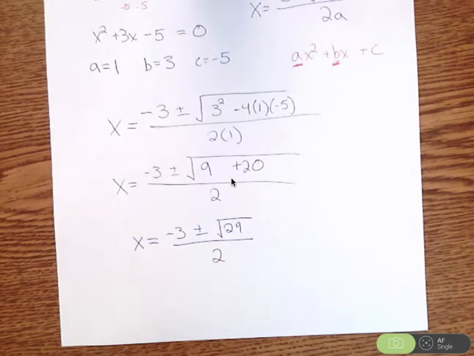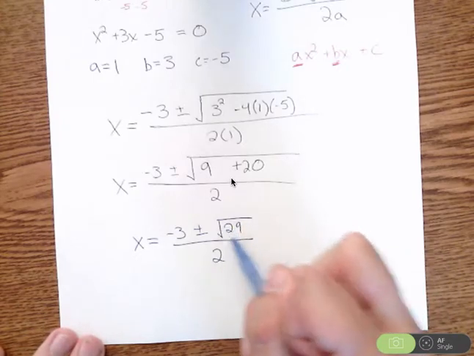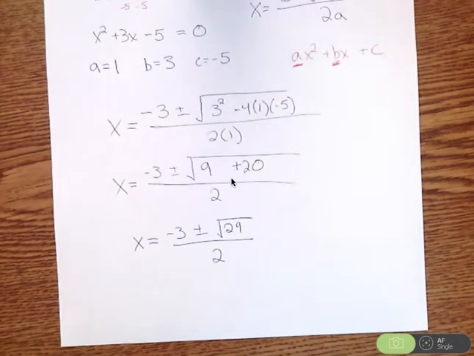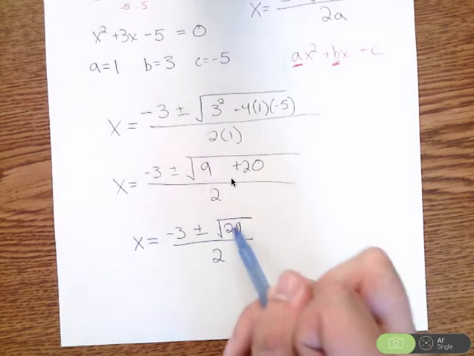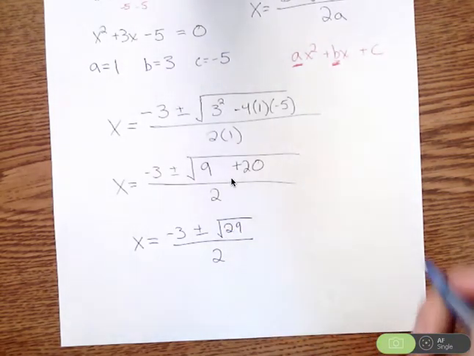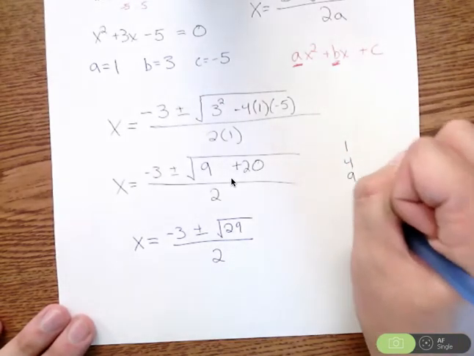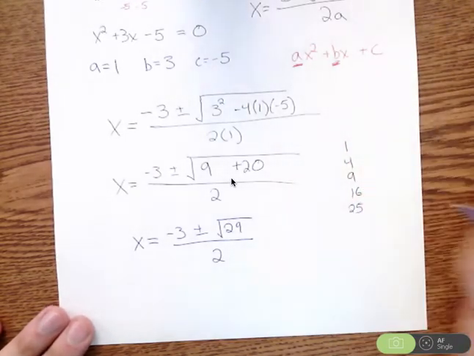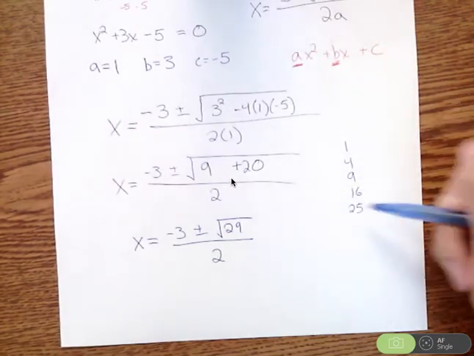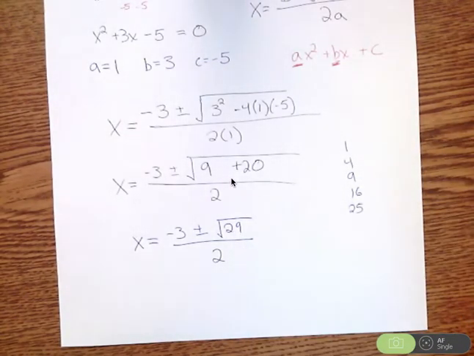Now what I would like to do is simplify this radical if possible. So I'm looking for any numbers that I can take the square root of that go into 29. Numbers I can take the square root of are like 1, 4, 9, 16, 25. So I look and see, can I divide any of these numbers into 29?